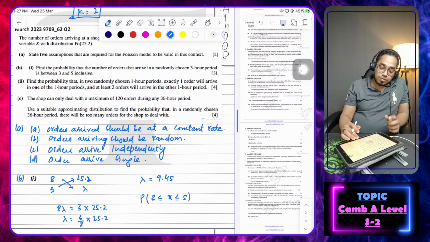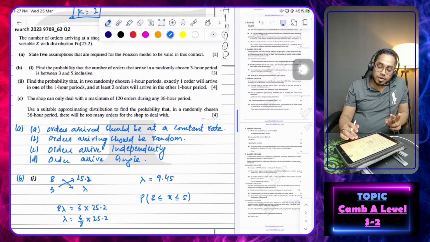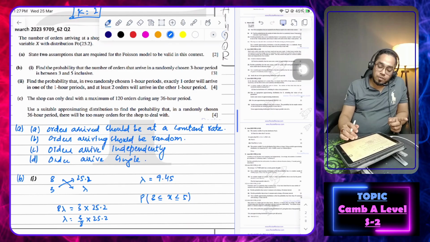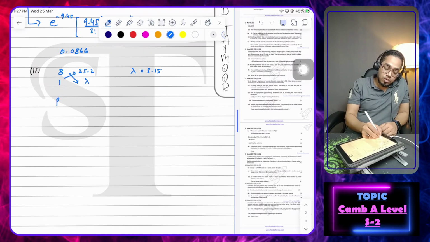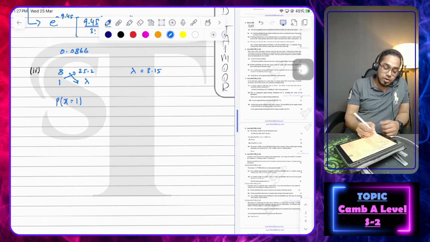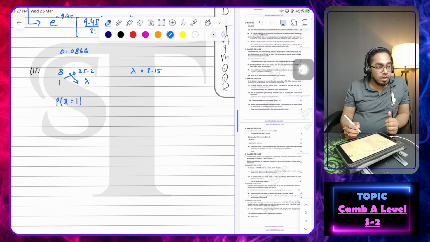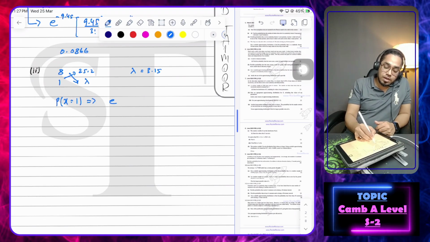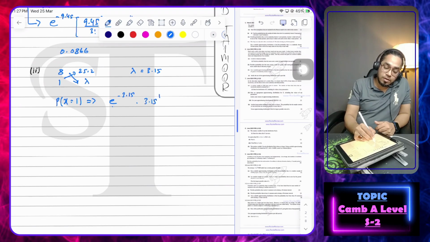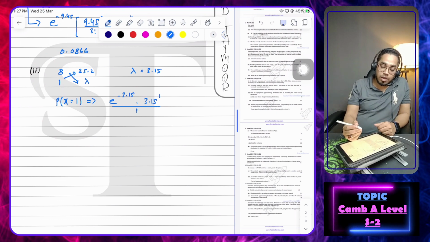So we will take out the probability for the 1 hour period exactly, and the other at least. For exactly 1 hour period, x should be equal to 1. Is that clear? For this one I can say exponential minus 3.15 times 3.15 to the power of 1 divided by 1 factorial.